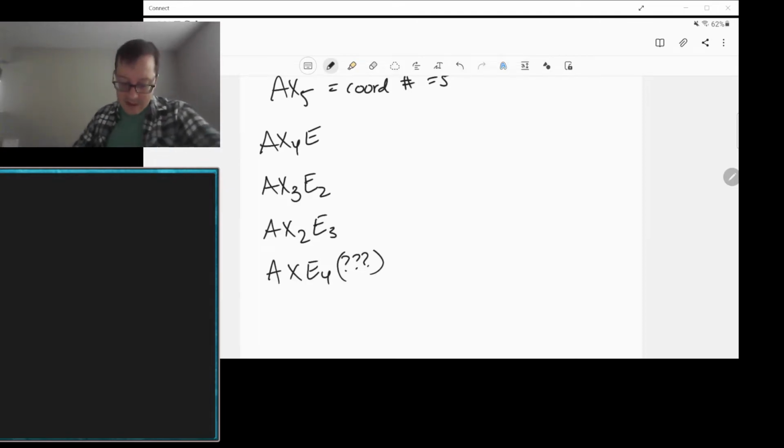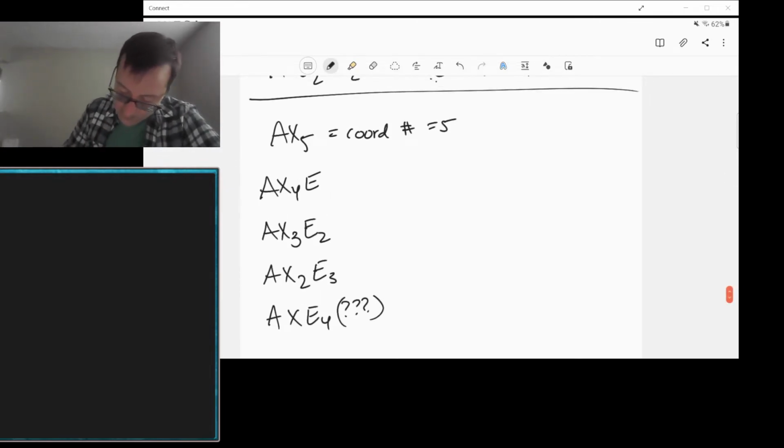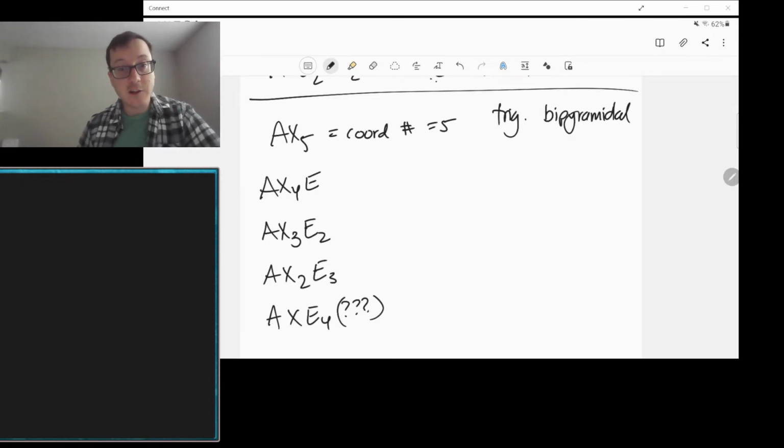So, all these would be trigonal bipyramidal for electron geometry. For molecular geometry, we see we're going to take one thing off.